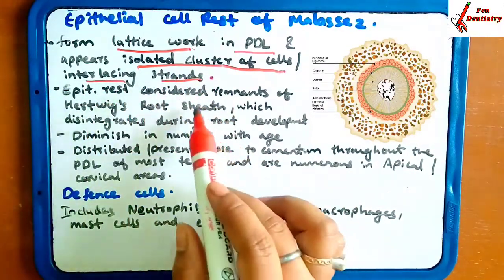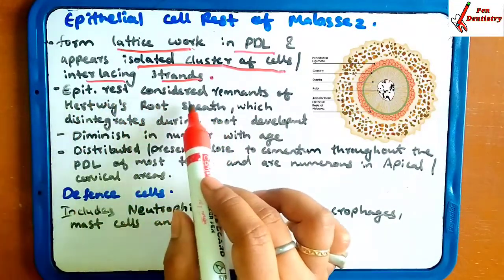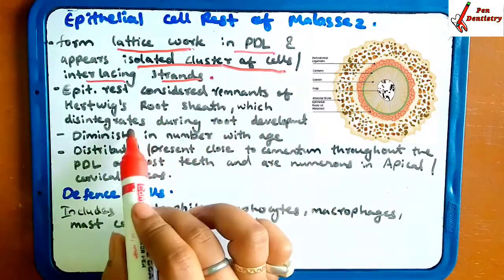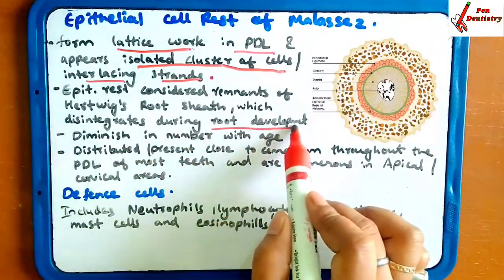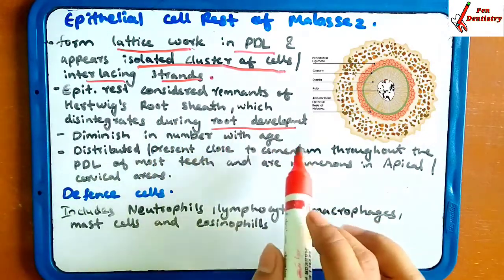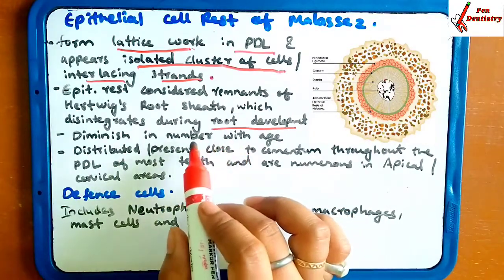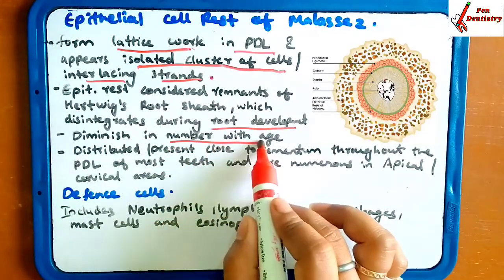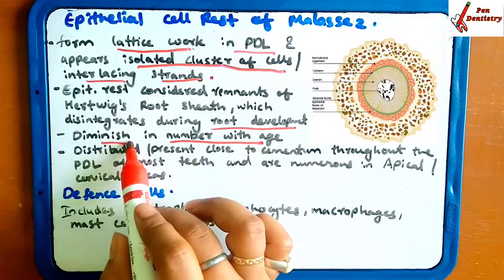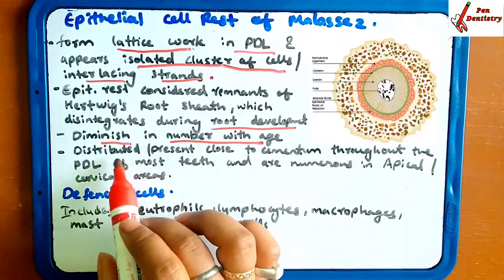Epithelial rests are considered remnants of Hertwig root sheath, which disintegrates during the root development. The third point is that they diminish in number with age. As the age increases, the diminishing of these epithelial cell rests of Malassez takes place.